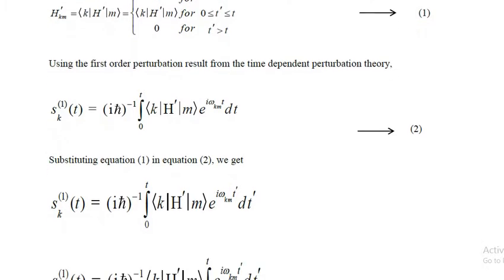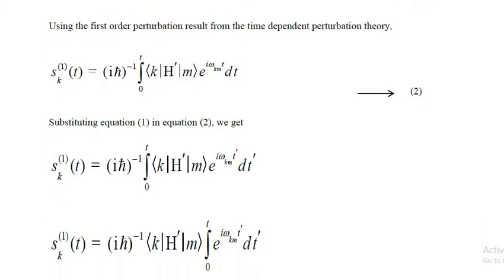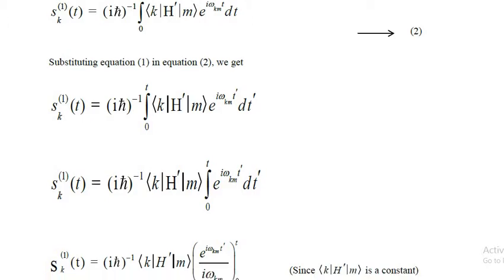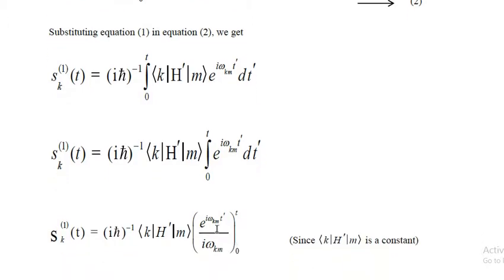Now this <k|H'|m> is constant and it can be taken outside. So we get integral 0 to t e power i omega_km t prime dt prime. Integrating this exponential term with respect to t prime, we get e power i omega_km t prime divided by i omega_km.